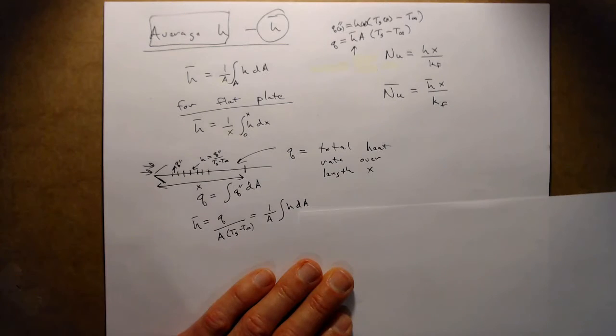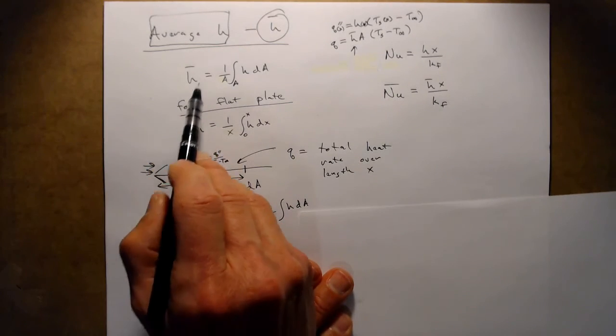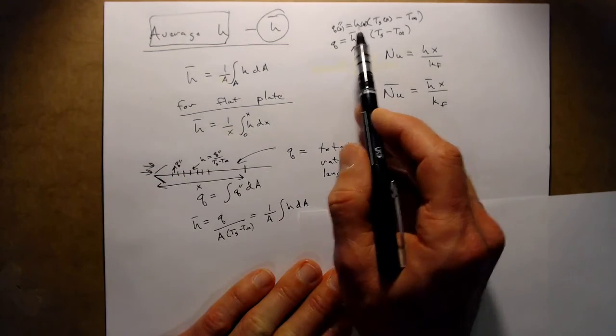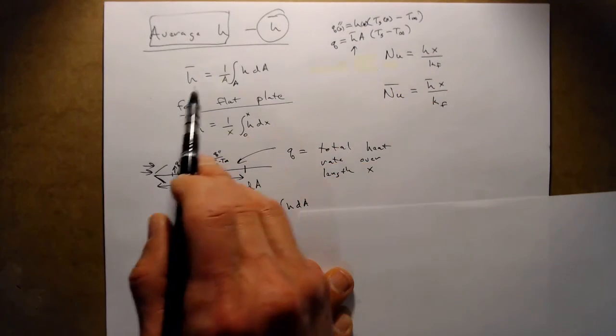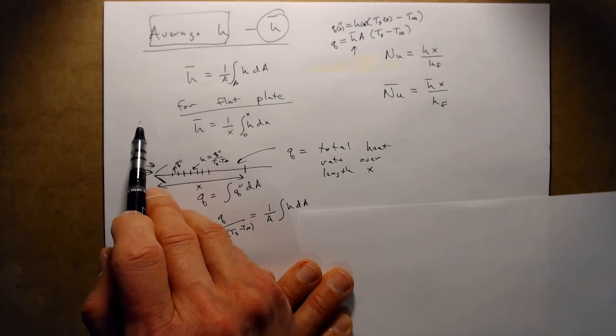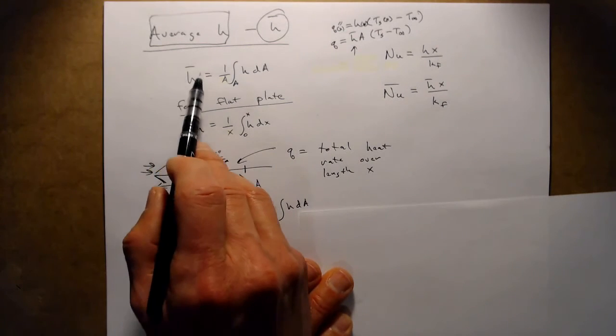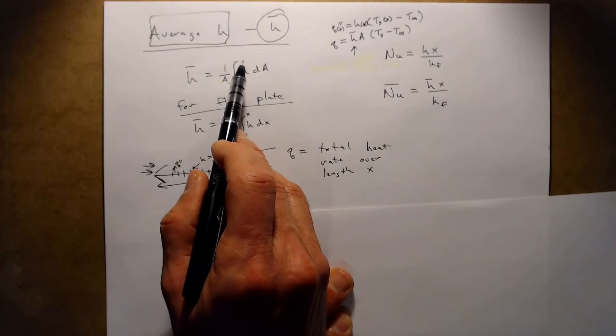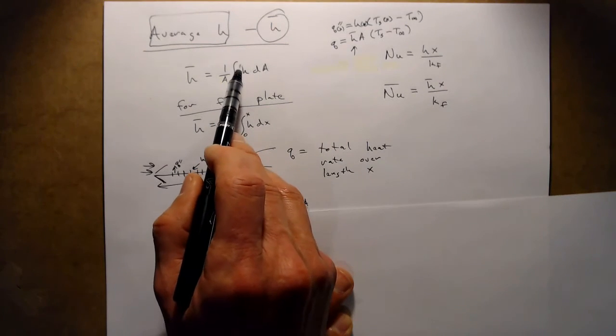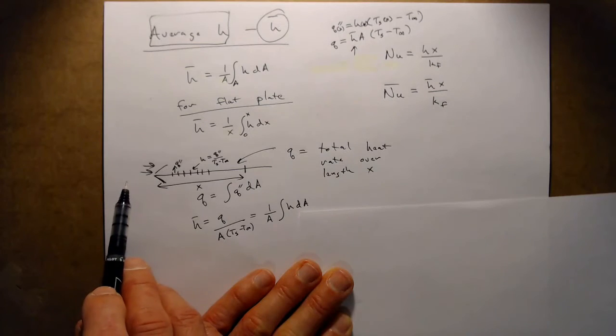To find the average heat transfer coefficient, we can also relate it to an average Nusselt number. And just a reminder, we talked about this in the previous chapter, our average heat transfer coefficient we can get from integrating this heat flux over area and then dividing both sides by the temperature difference. And so we would get that the average heat transfer coefficient was equal to 1 divided by the area times the integral of the heat transfer coefficient over the area.